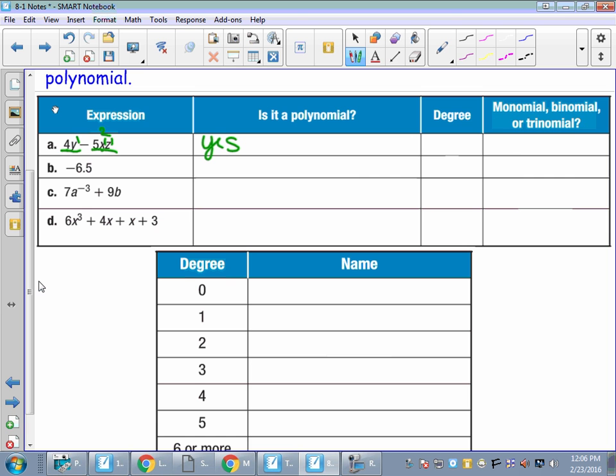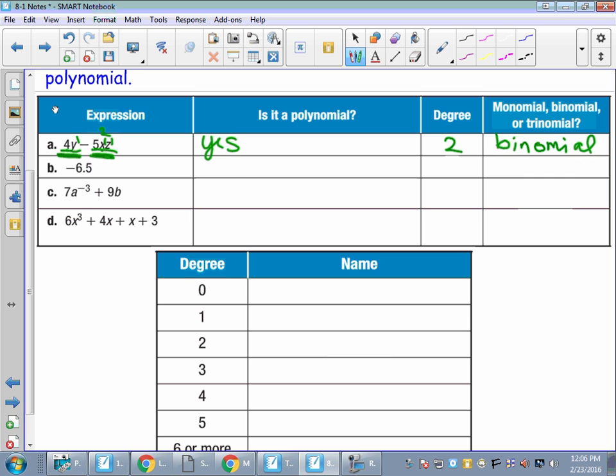So 4y has a degree 1. 5xz has degree 2, but when you're talking about the degree of the polynomial, it's degree 2 because the biggest one wins. And that has two terms, so it's a binomial. The binomial part is because there's two different terms here, 4y and 5xz. Degree 2 is because of the exponents of the variables, a little bit different.